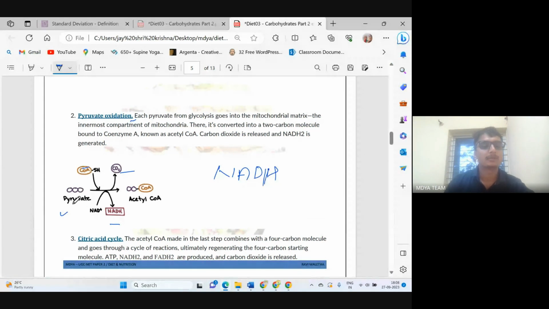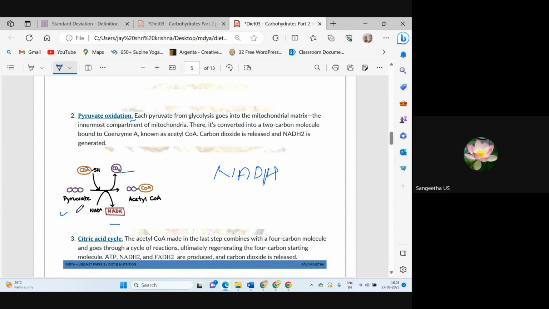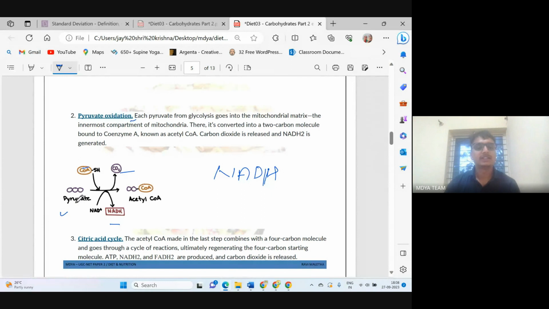But how many pyruvate molecules are produced from one glucose molecule? Two. So this step also happens twice for one glucose molecule. So in actual, how many NADH are produced? Two NADH, and two acetyl coenzyme A. This is very important in order to understand the total number of ATP produced. Does anyone have doubts about why there are two NADH and two acetyl coenzyme A?